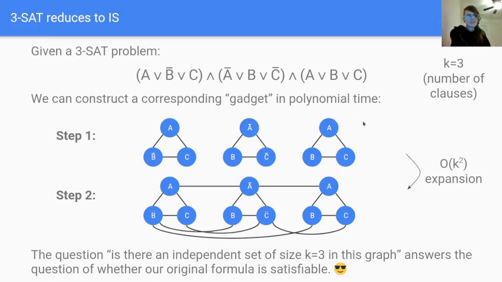The only interesting thing happens between these two steps, where we may have up to k squared new edges being drawn, order of k squared. So yeah, it does take quadratic work to do the extra drawing of edges, but it's still polynomial. So yes, this is a polynomial time reduction.